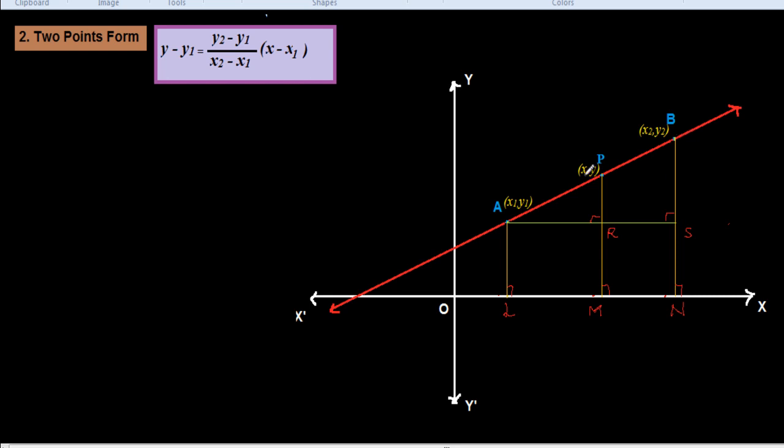We have to first prove the similarity between these two triangles.